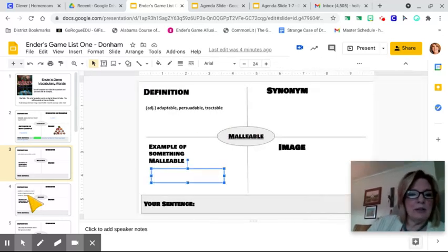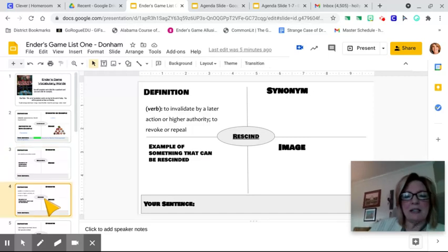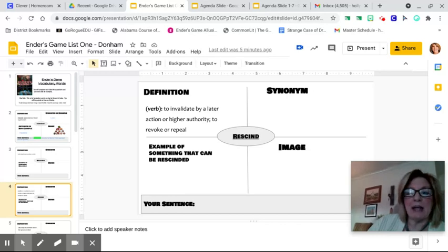The next word is rescind. Rescind. I have your definition here: to invalidate by a later action or a higher authority, or to revoke or repeal. Those words mean to take back something.